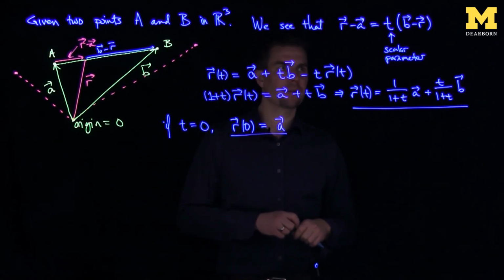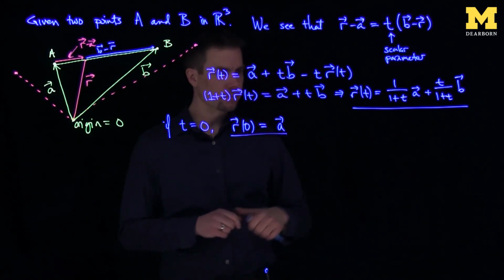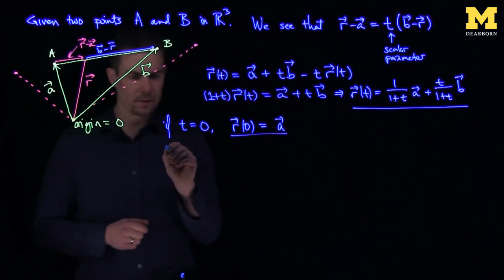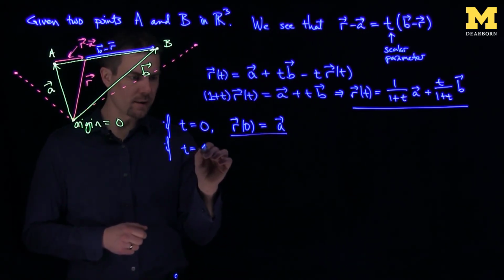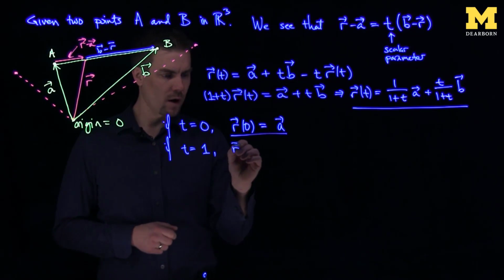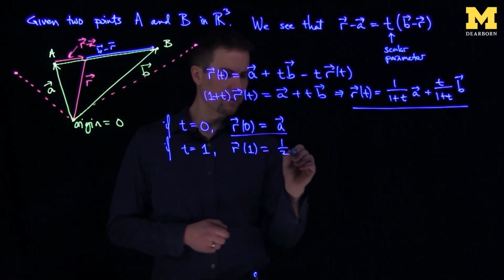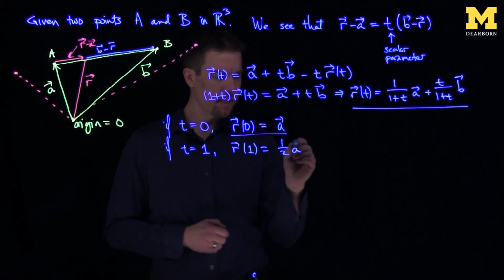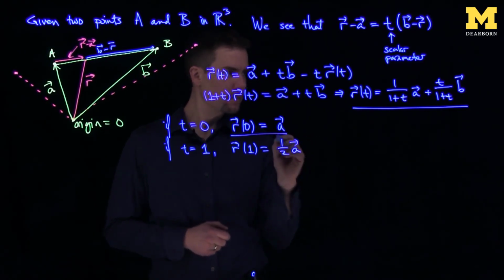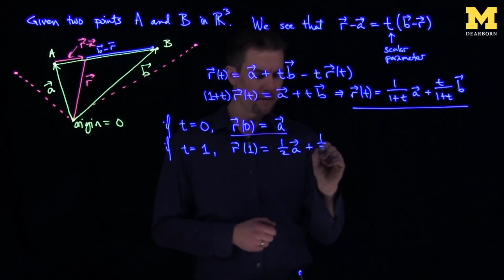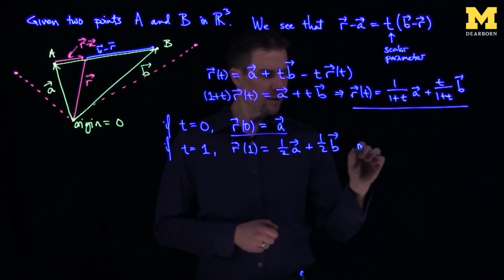Now we can plug in a different point. If T equals 1, for example, then R of 1 will be 1/2 of A plus 1/2 of B. And this would be the midpoint.